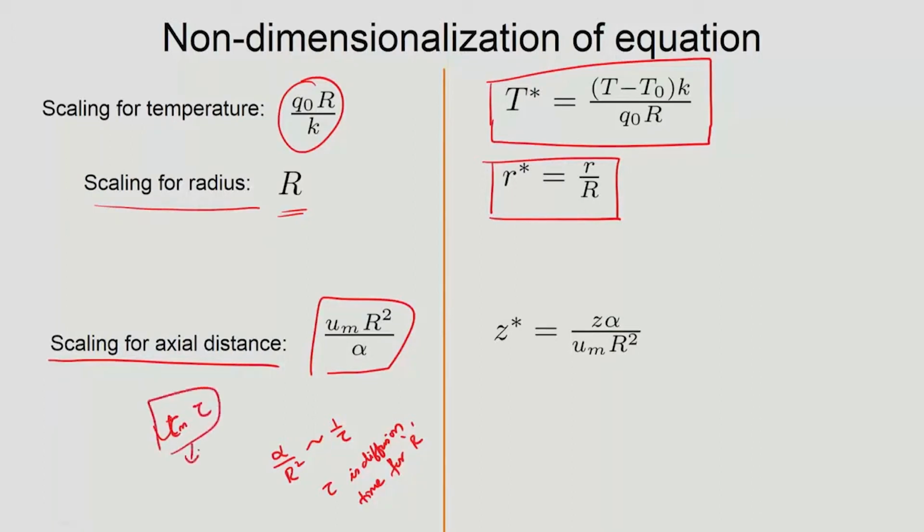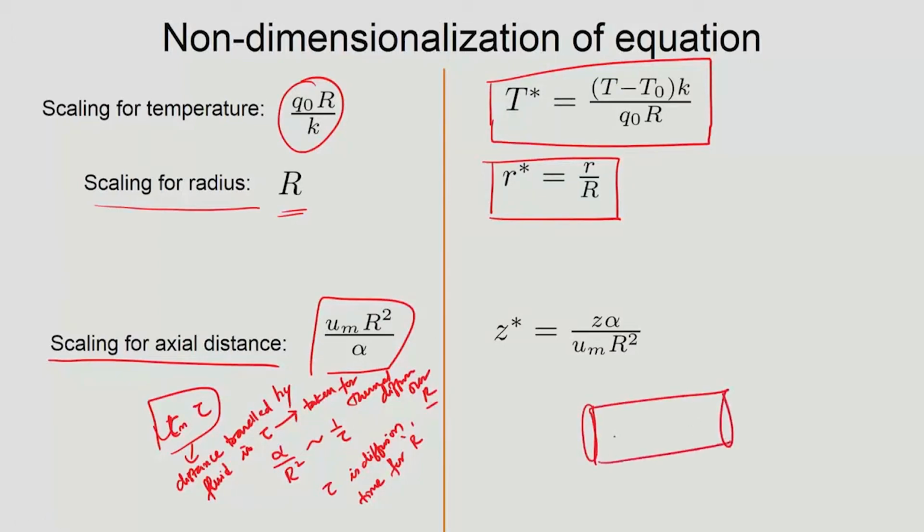So, which means that this is the distance travelled by the fluid in time tau, which is taken for thermal diffusion over a distance r. So, the analysis is shown here. So, by the time the heat actually diffuses over this distance, how far did the fluid move? So, this is then the Z scale, okay, and this is the R.